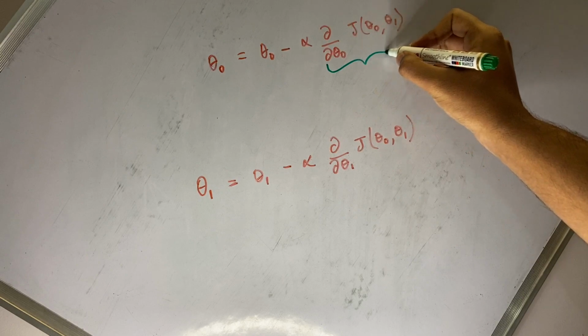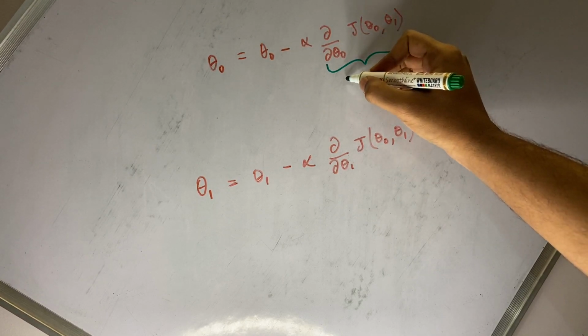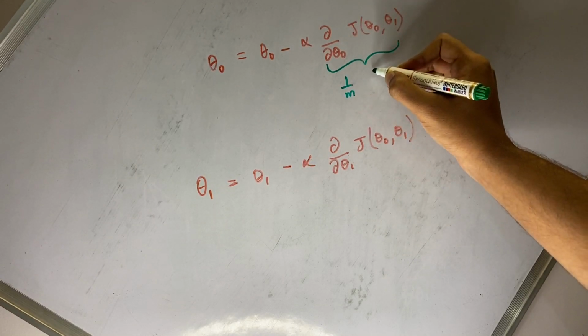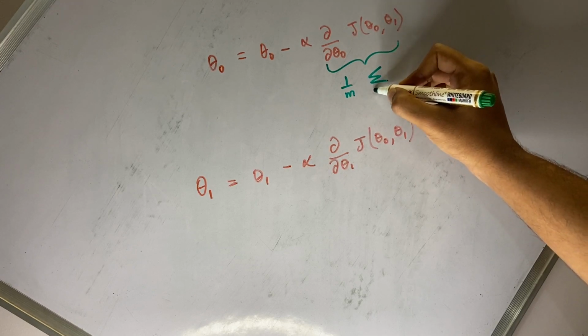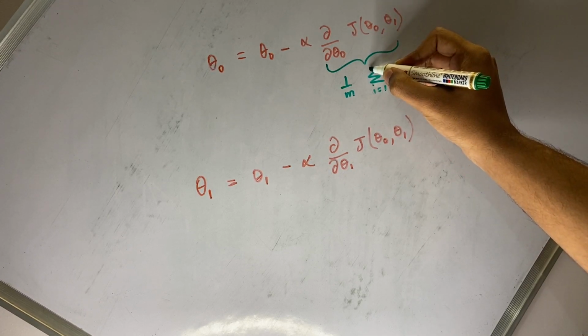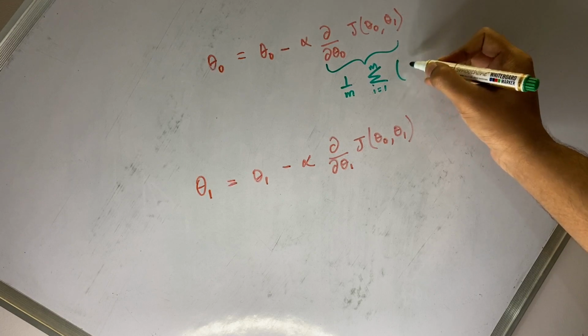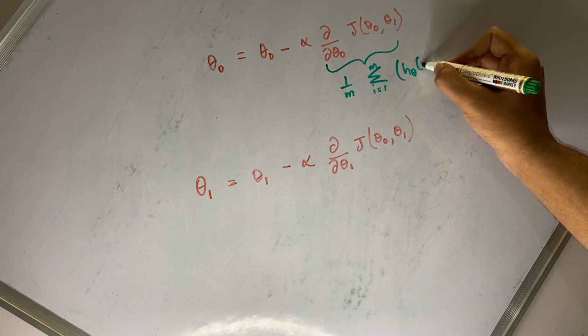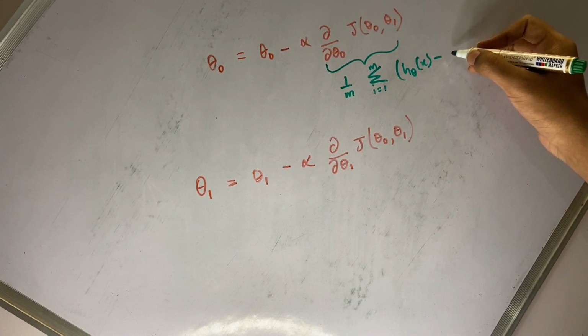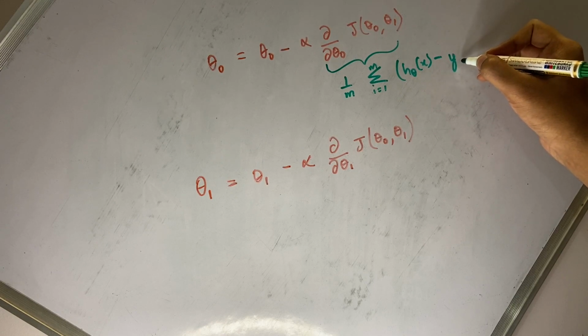Now this term here would be 1 over m multiplied by the summation of the hypothesis function subtracted by the actual value.